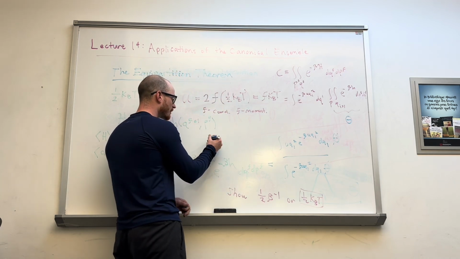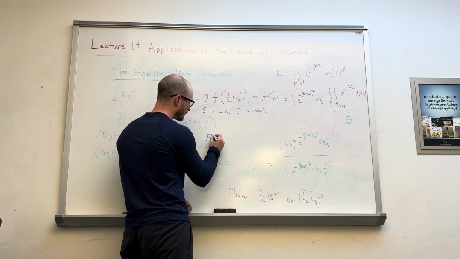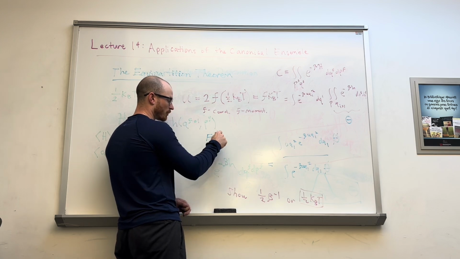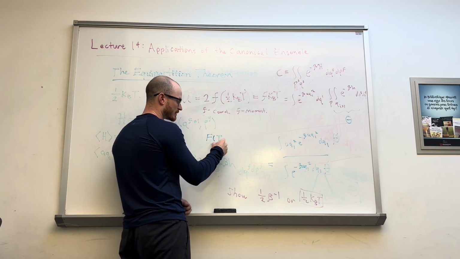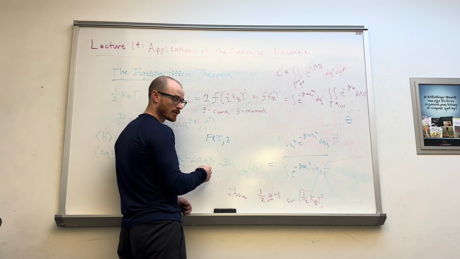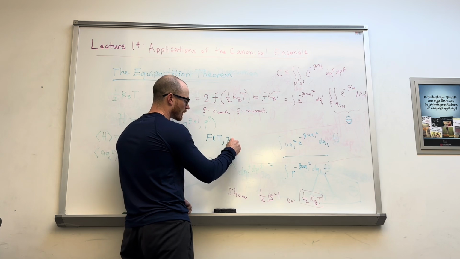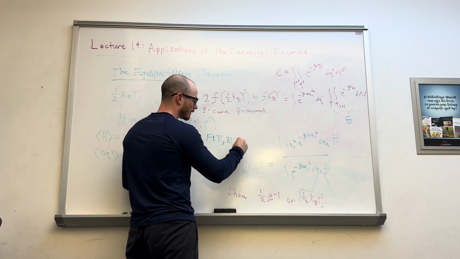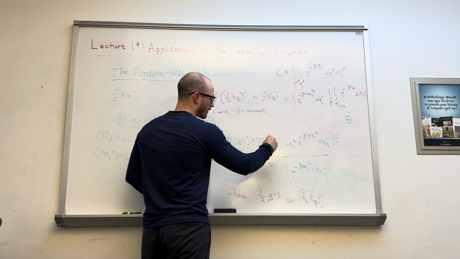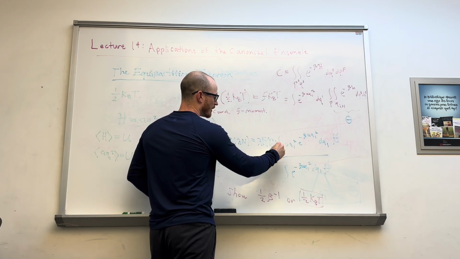Remember, free energies were extensive, meaning F, and here I'm saying the Helmholtz free energy F, which is a function of T, V, and N. T is, of course, intensive. But if we take F of T, lambda V, lambda N, this should equal lambda F of T, V, and N.